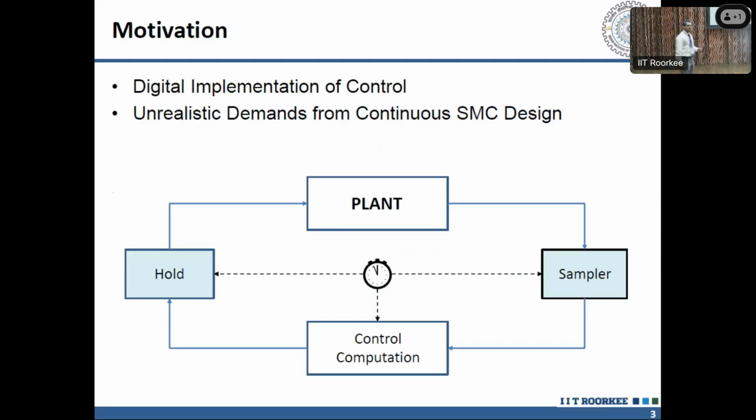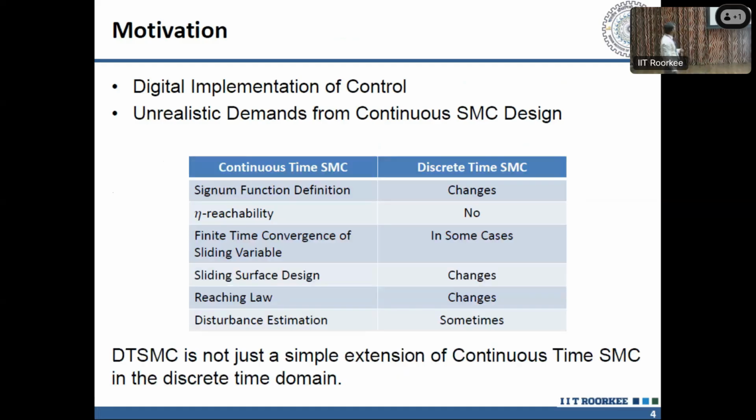What are the changes that we observe when we do this sort of discretization? We saw that the signum function definition that was proposed in continuous time SMC design is not the same in discrete time SMC design. That changes. The inter-reachability concept is no longer there. The finite time convergence of the sliding variable in most cases does not happen.